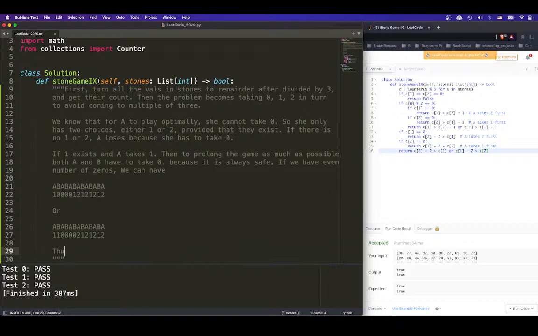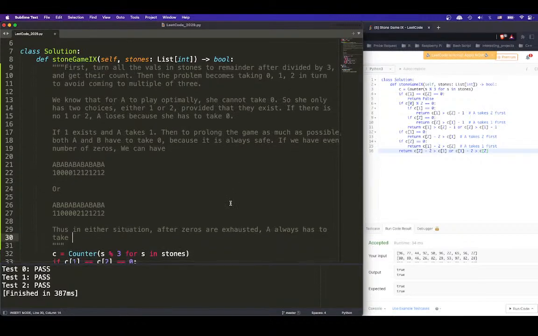So thus in either situation, after zeros are exhausted, A always has to take 1 and B always has to take 2.